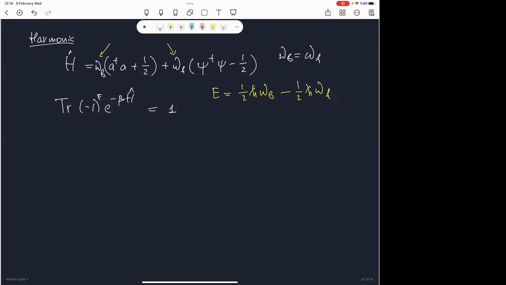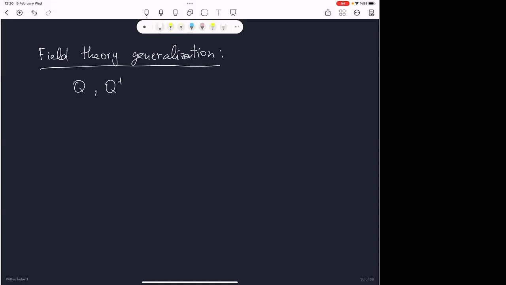So again, for field theories, we have the supersymmetry algebra. Let's say we have Q and Q Dagger.